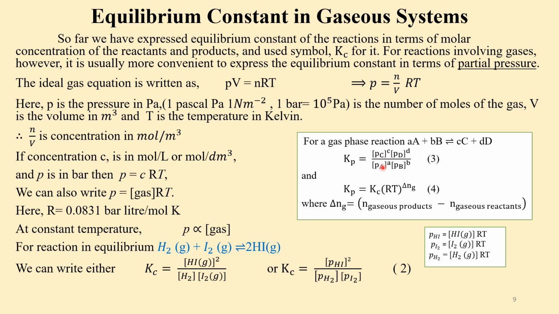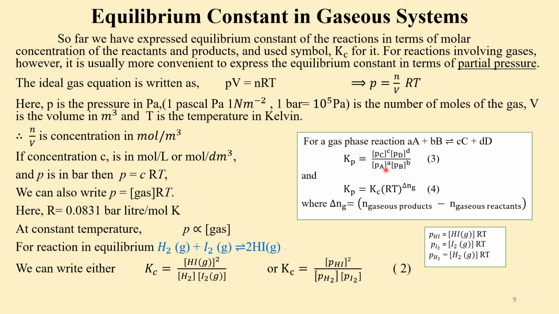We are using the stoichiometric coefficients for reactants and products, and the equation is Kp equals Pc to the power of c, Pd to the power of d, divided by Pa to the power of a into Pb to the power of b. Let it be equation 3 as shown on your screen.